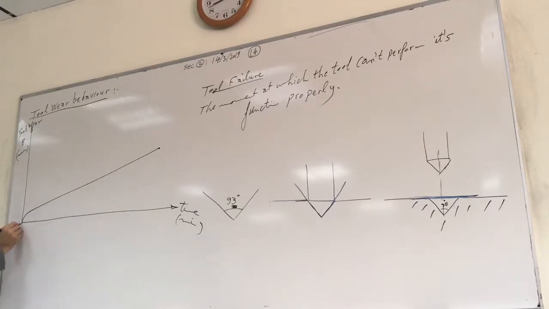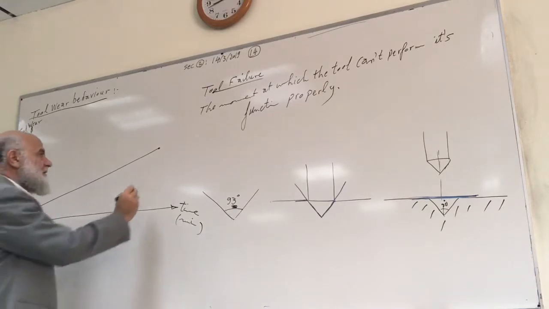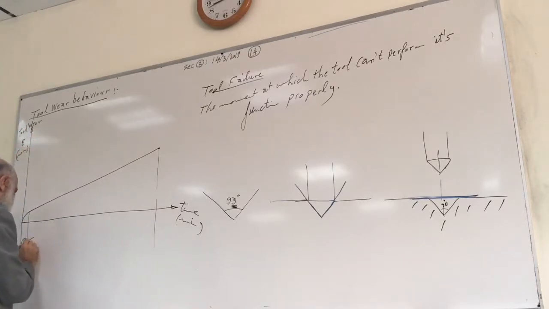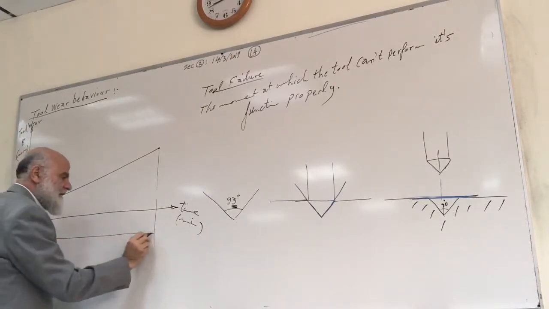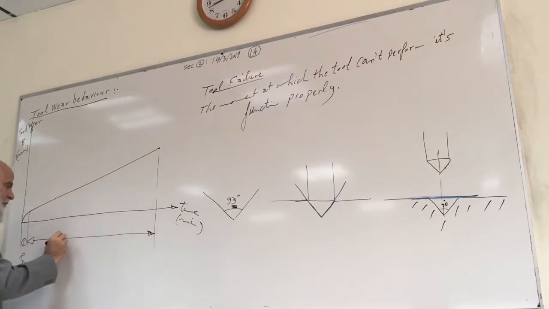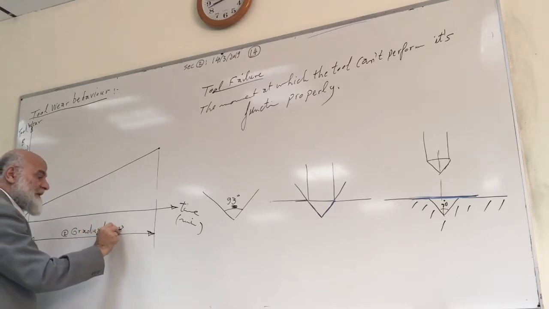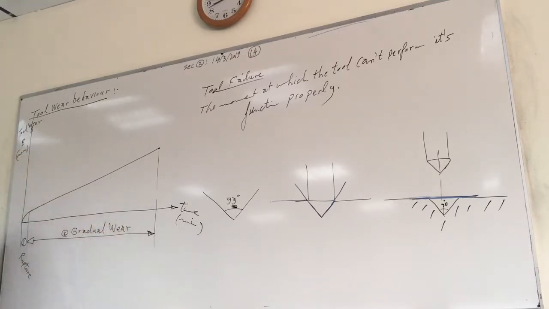So this is part 1, rupture, which happens within the first 1 millisecond. Then after this comes the second period, gradual wear. This is the beneficial period, number 2, gradual wear, the beneficial time of the tool.